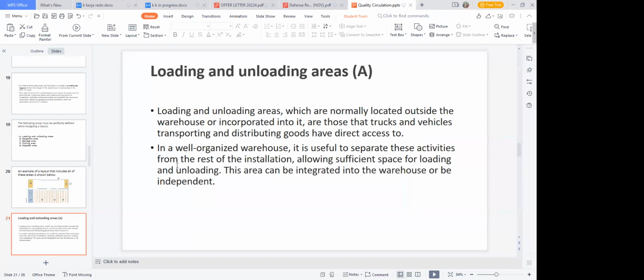We have to really identify loading and unloading areas. You must put the right signage for the loading area. Why? Because when the lorries come, maybe after office hours, nobody is there.